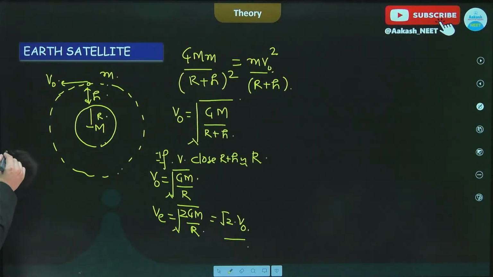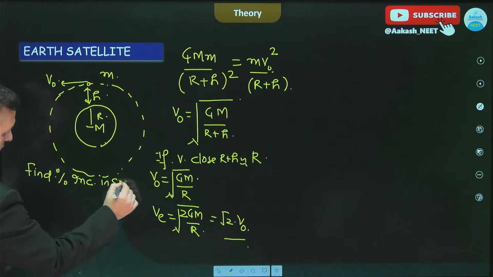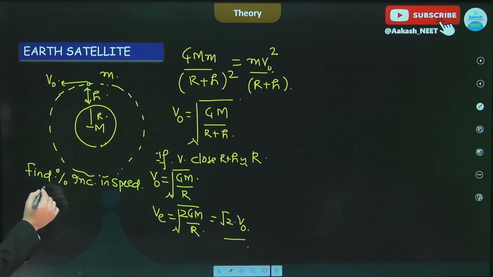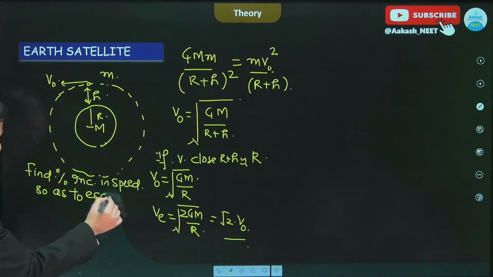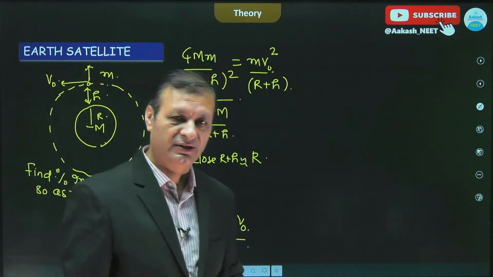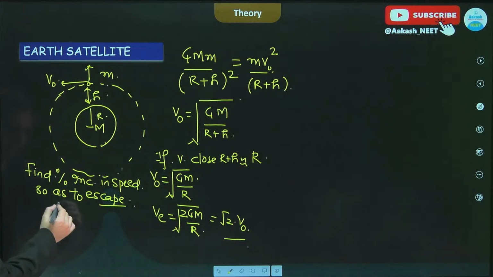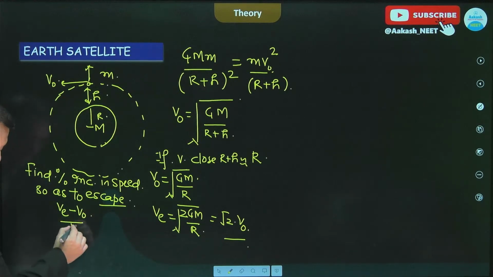Now if I ask you a very fine question: find the percentage increase in speed for this satellite so as to escape. So if I have to increase the speed of this satellite in this orbit so that it just escapes, it means I have to reach my escape speed, whereas I am having orbital speed.